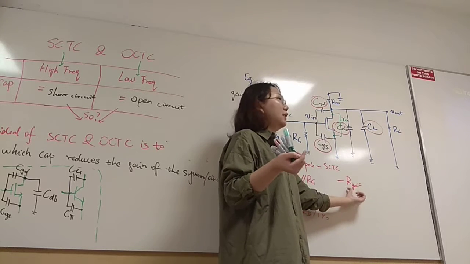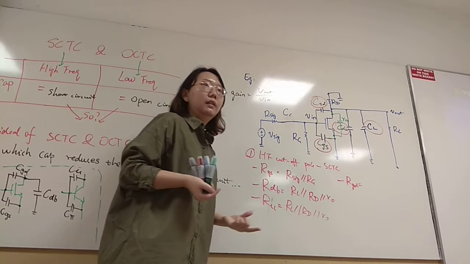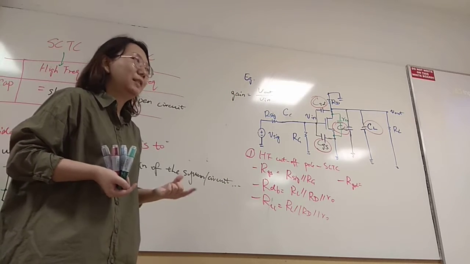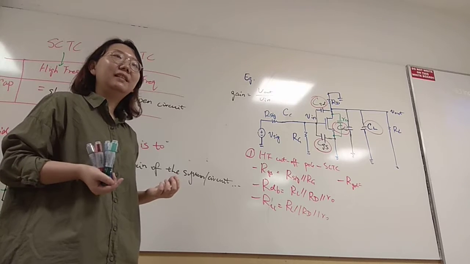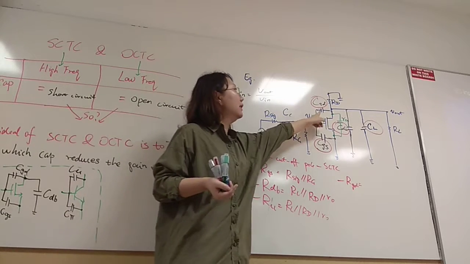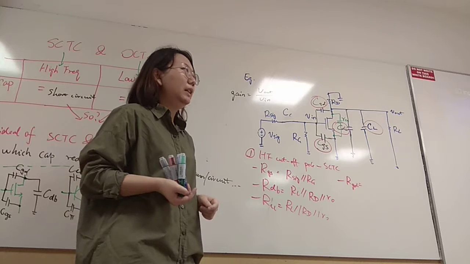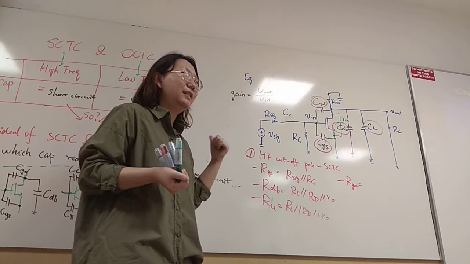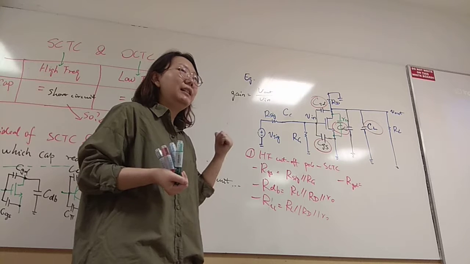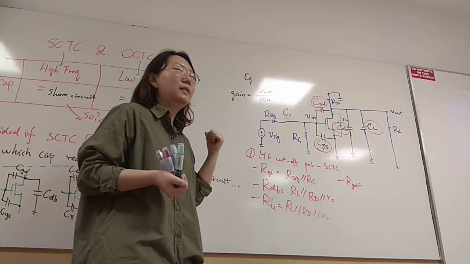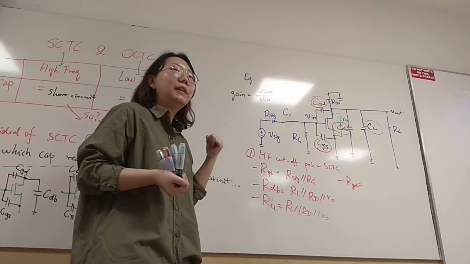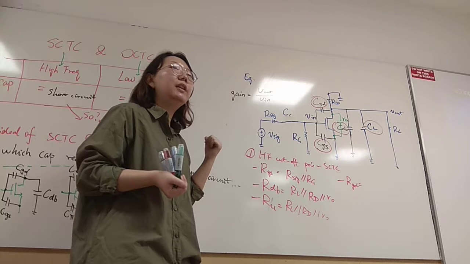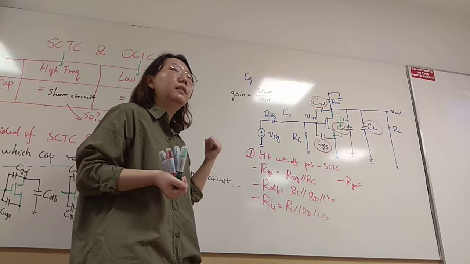So how to find this RGD? Put a test voltage. Yes, you can do that. But if you do a lot of circuit analysis for your single transistor amplifier, the idea is actually coming from your common gate amplifier, CG amplifier, if you still can remember, the non-inverting amplifier.